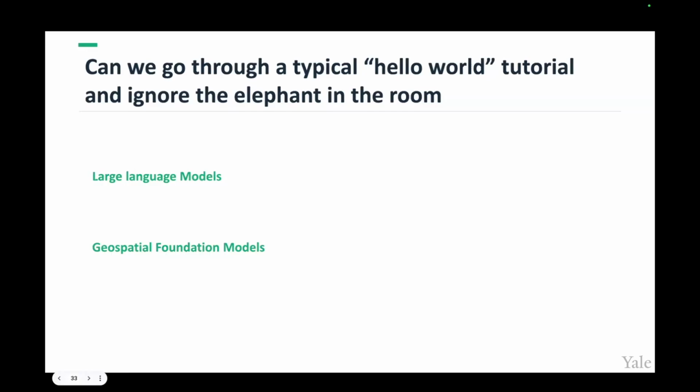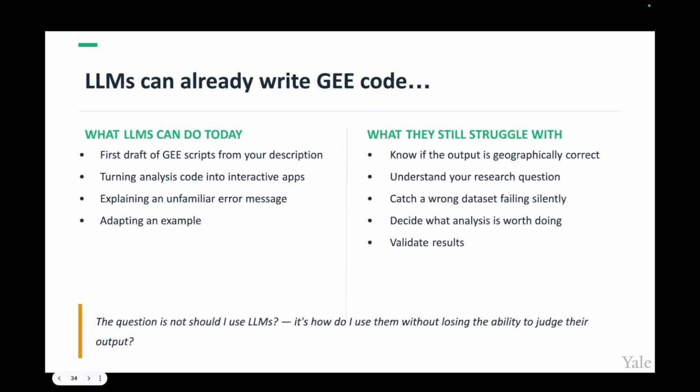When it comes to large language models, they have a very advanced ability to generate scripts. Turning analysis into interactive apps is a very useful way of using a large language model, to build these apps that we were building.